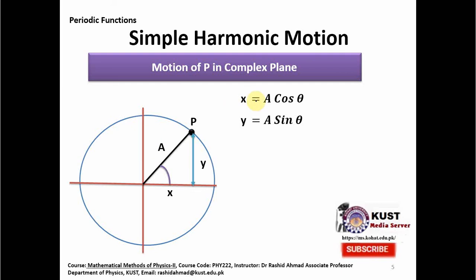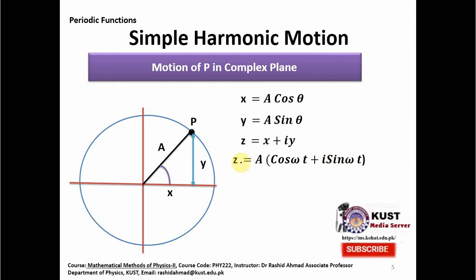In this plane, x is equal to a cos theta and y is equal to a sin theta, or we can combine them as Z equals x plus iy, where i represents the imaginary component. If we substitute the values of x and y from the above two equations, we get a times cos omega t plus i sin omega t.